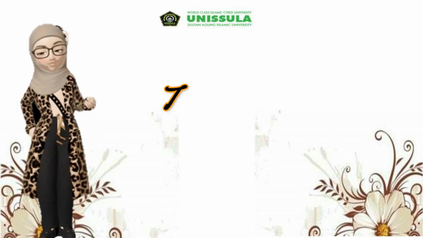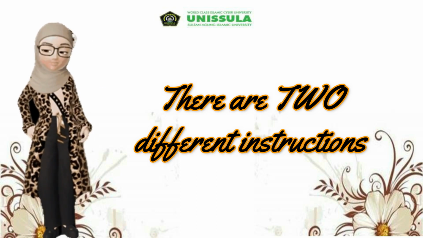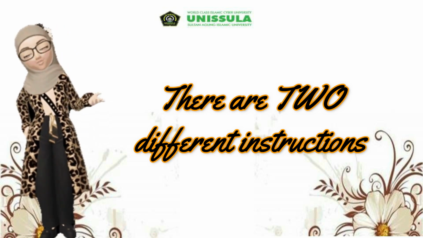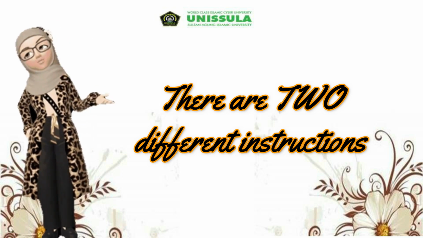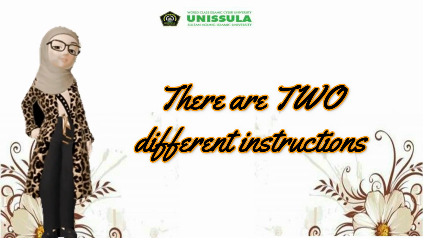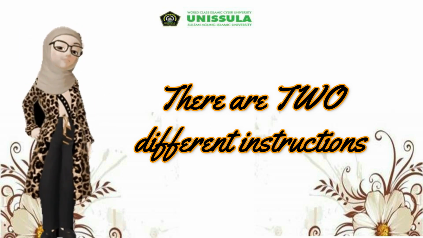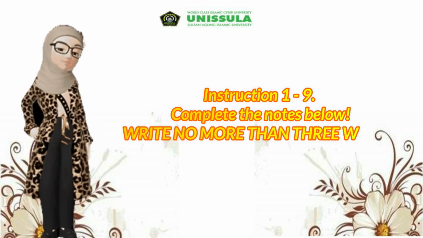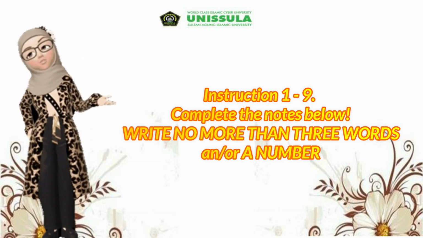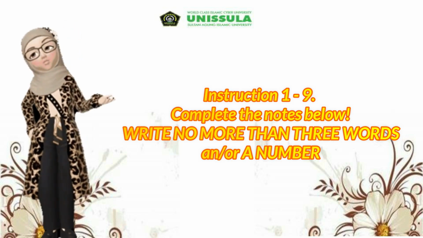Okay, students, after you read the question sheet for number 1 up to 10, you have to take a look that there are 2 different instructions on section 1 of the listening test. The first, for number 1 up to 9, you have to complete the notes below. So you have to write no more than 3 words or a number.